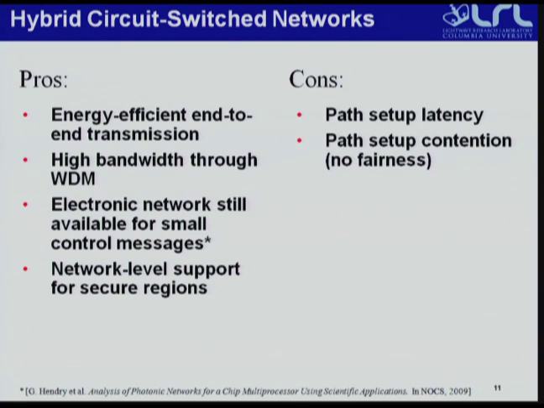We have support for things like secure regions, things that actually have to be implemented when you're running an operating system. If you want operating system processes to be undisturbed by other threads running in separate regions of your CMP, then we actually have hardware level support for that kind of thing.